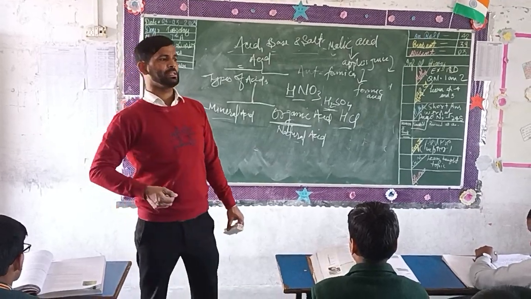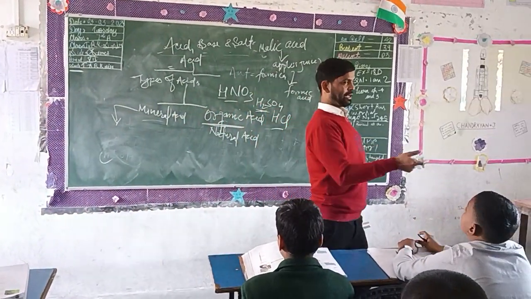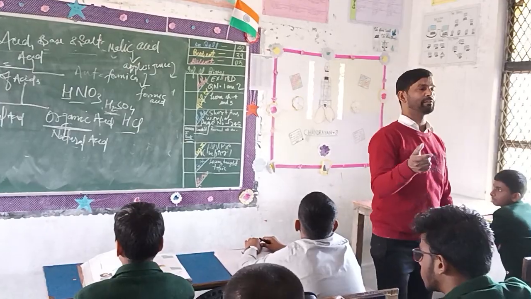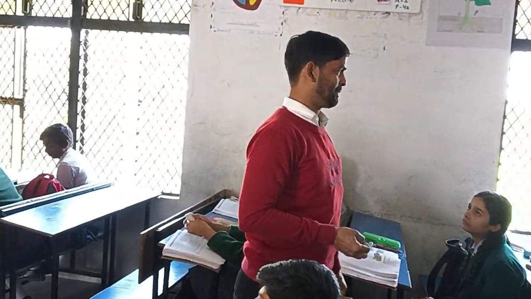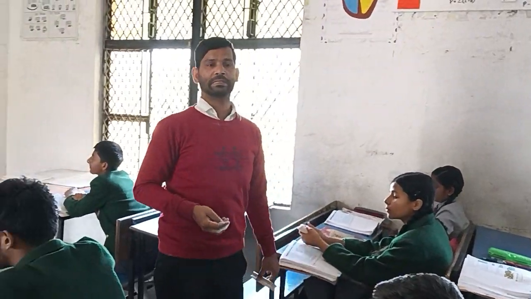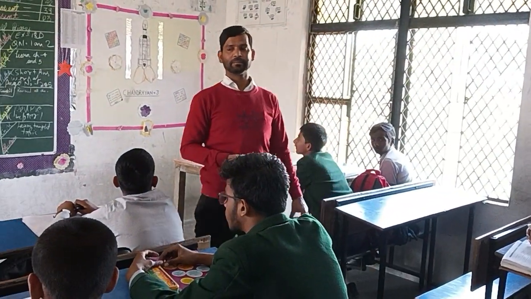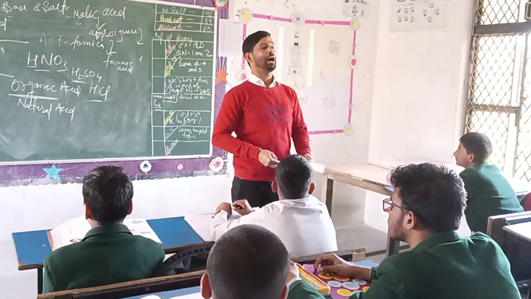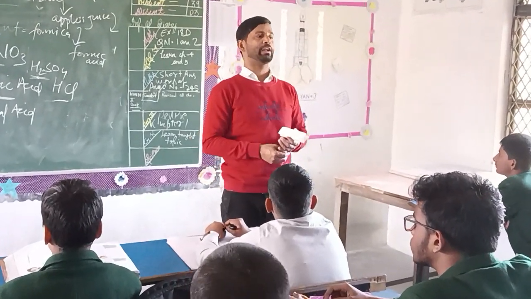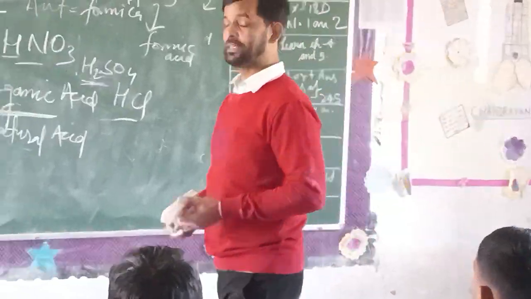So the question is, there are different types of acid, so are there different types of bases? Yes, sir. How many types of bases? The bases are classified into two types. What are these?